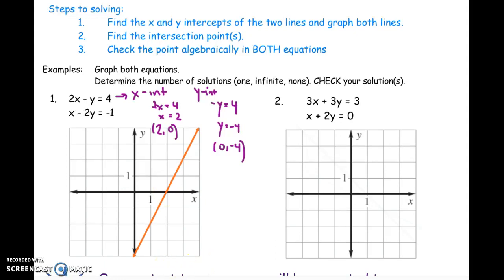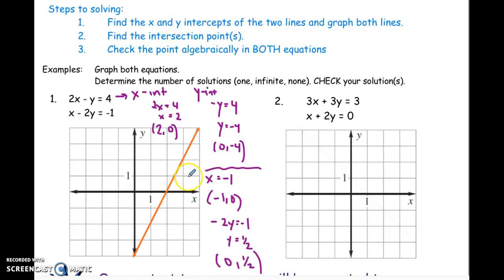Now for the second equation, we have x minus 2y. If I set y equal to 0, that term goes away, so x equals negative 1, giving the point (-1, 0). If I let x equal 0, I have negative 2y equals negative 1, so y is 1/2, and that makes the point (0, 1/2).